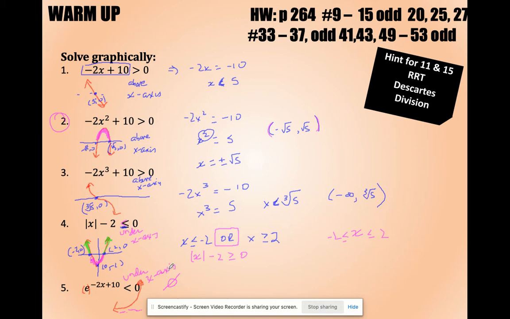Right? I didn't have to do any math with that. It's just because I know what the graph looks like. I don't care what this is. E to the 0 is 1. E to positive numbers like 5 is 2.7-ish to the 5th power, which is positive. E to the -5, let's say.